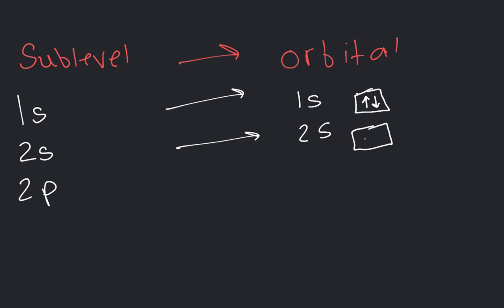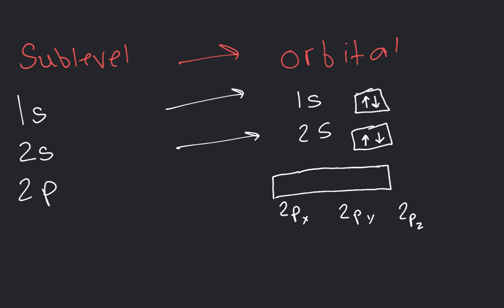In the 2s orbital, you can hold 2 electrons as well. But when you have the 2p orbital, you actually have 2px, 2py, let's say 2pz. So you have one, 2, 3 orbitals, 3p orbitals.